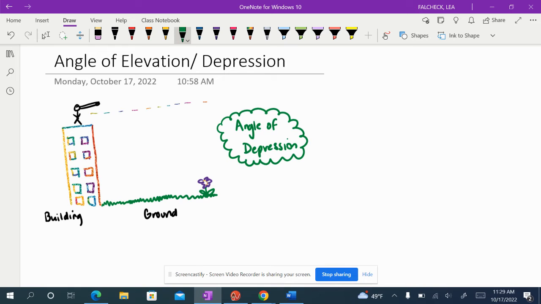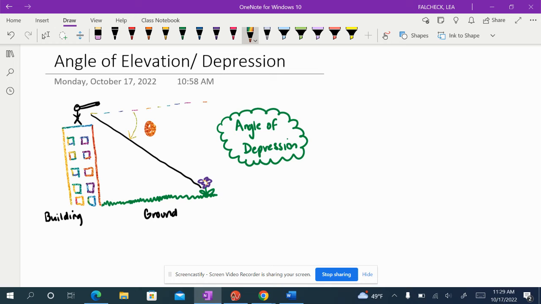So they are going to use the angle of depression coming right out from the horizontal line of sight, going down to the flower, like this. Okay. And it is always from the horizontal, this line here, down. And we call this angle theta, or the angle of depression.